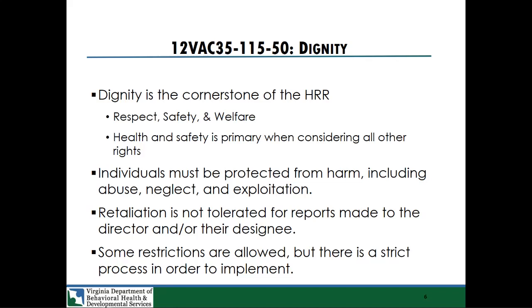But as it relates to all individuals receiving all services, they have the right to use their preferred or legal name. They have the right to be protected from harm, which includes abuse, neglect, and exploitation. They have the right to be assisted in learning about or applying for services or benefits for which they are entitled.